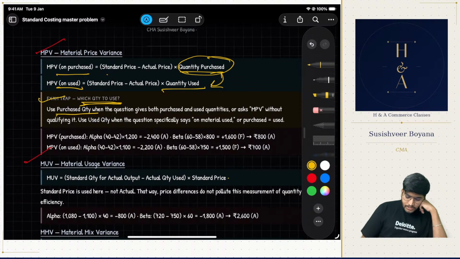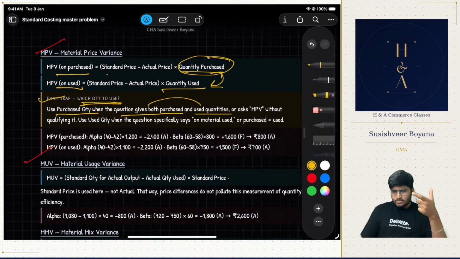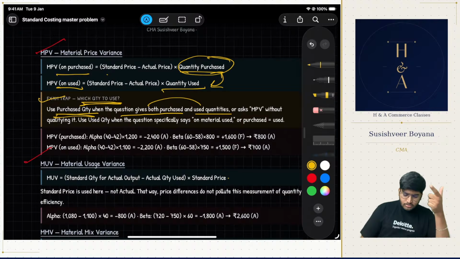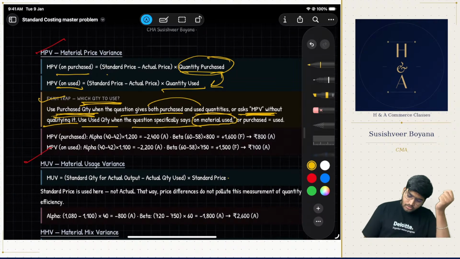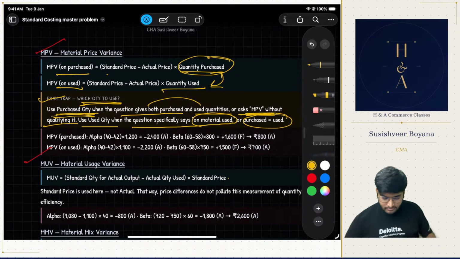So purchase quantity: when the question gives both purchased and used, if it is given purchased as X but used as Y, then you always use purchased. Or if it asks material price variance without quantifying it, use used quantity when the question specifically says material used, or only purchased equals used.